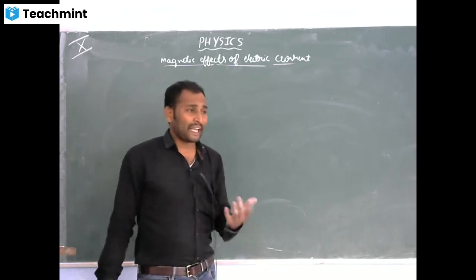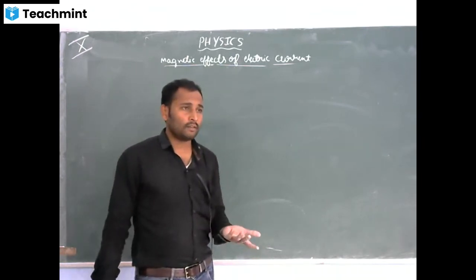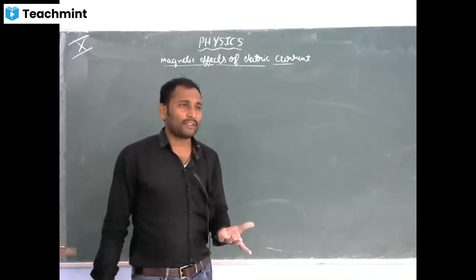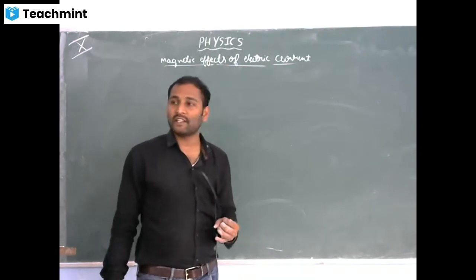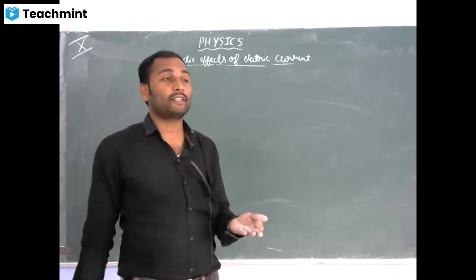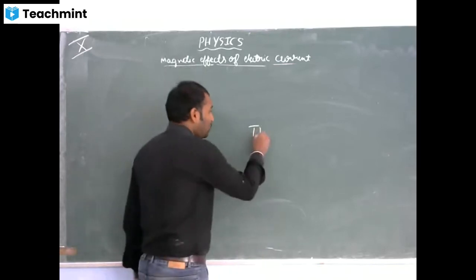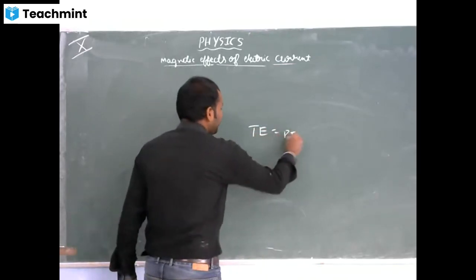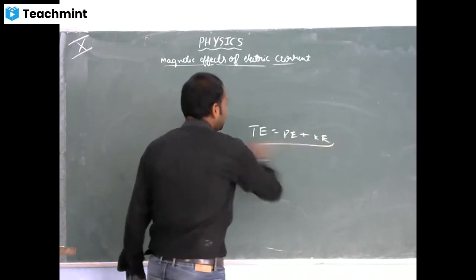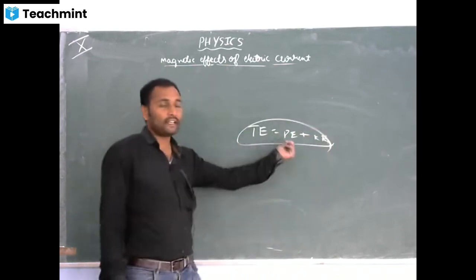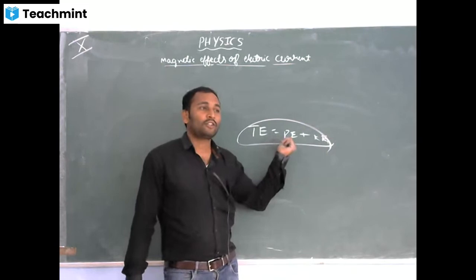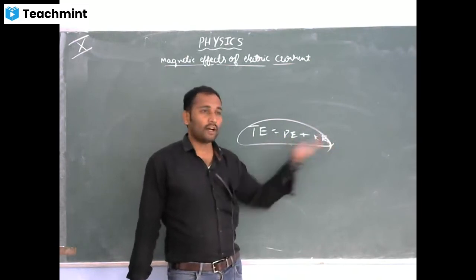You know mechanical energy. What is mechanical energy? What is potential energy? What is kinetic energy? You have studied in 9th standard. Total mechanical energy is equal to potential energy plus kinetic energy, right? Potential energy is the stored energy.